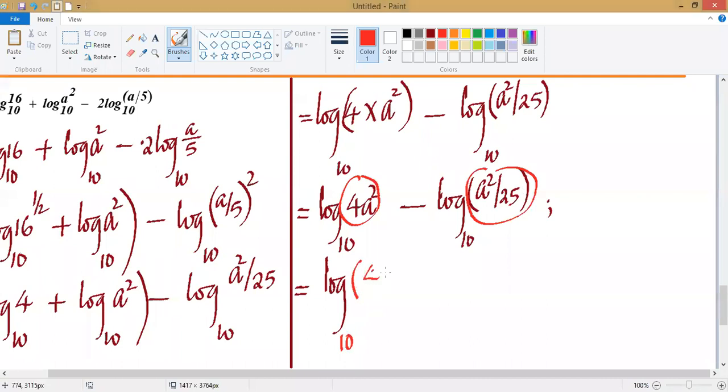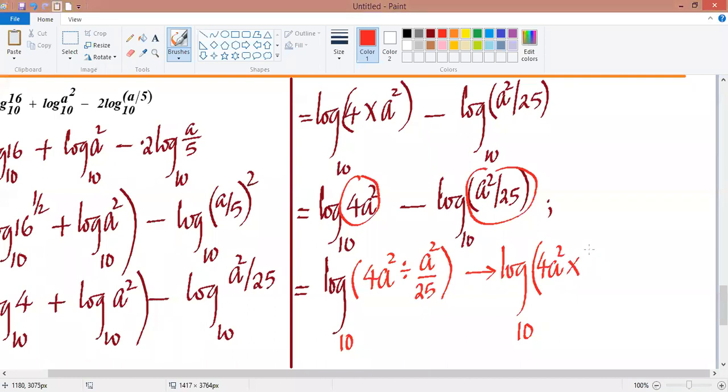Yes. So we'll get 4a squared divided by a squared over 25 in one logarithm. And that becomes the log base 10 of 4a squared times, we take the reciprocal as we change the sign, 25 over a squared.